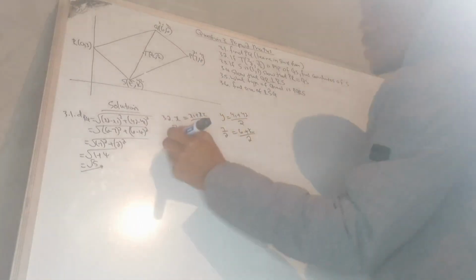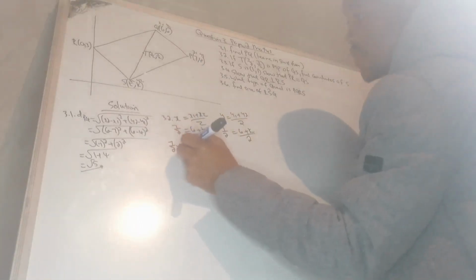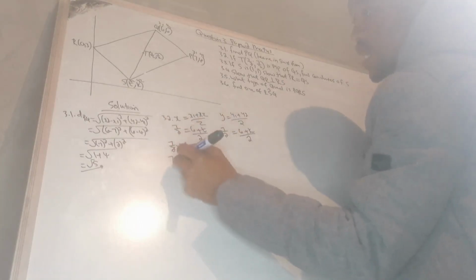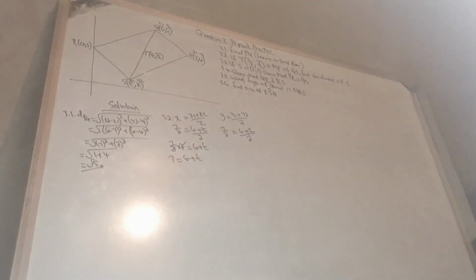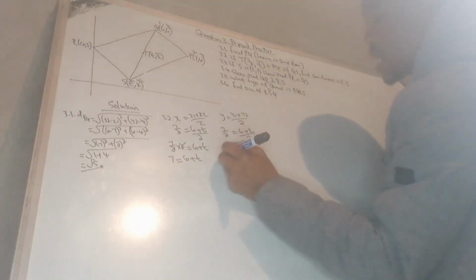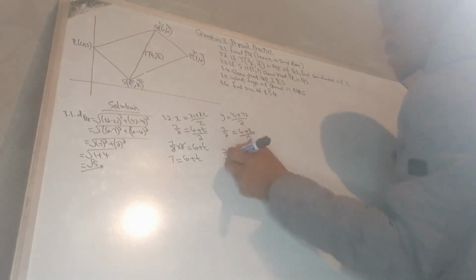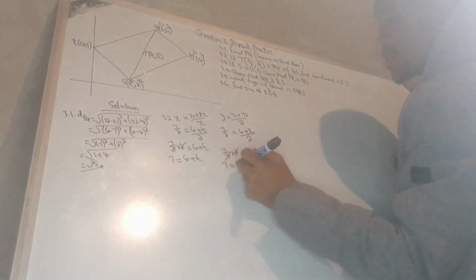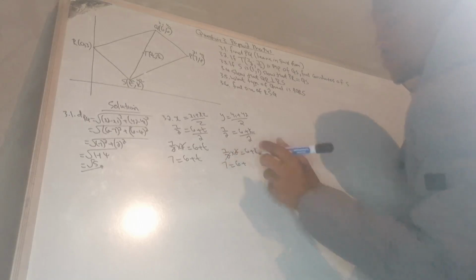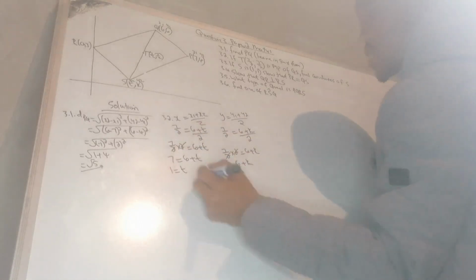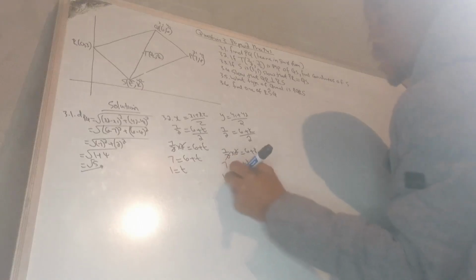Cross multiply: 5 times 2 equals 6 plus k, so 10 equals 6 plus k, which gives k equals 4.